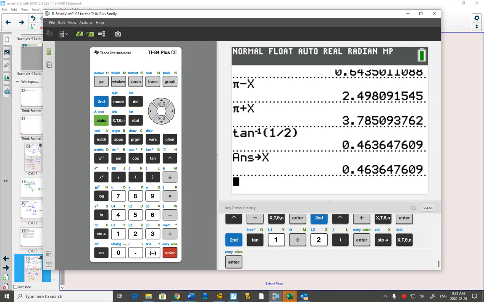There is an E6 error for rounding early. So if you round early in the question and your final answer is off by a decimal place, then you get an E6 error for rounding early. So even though I only need a couple of these decimal places, I'm storing them all.